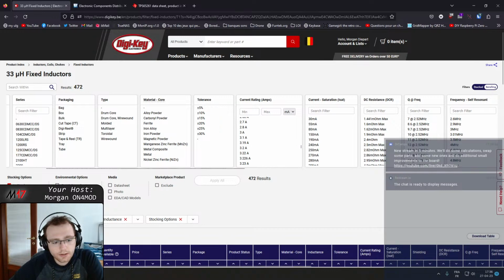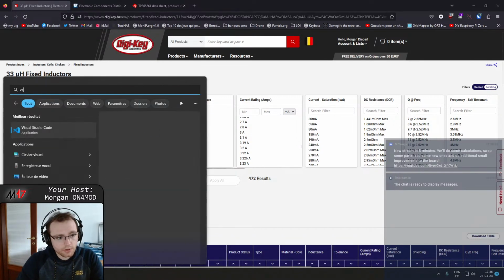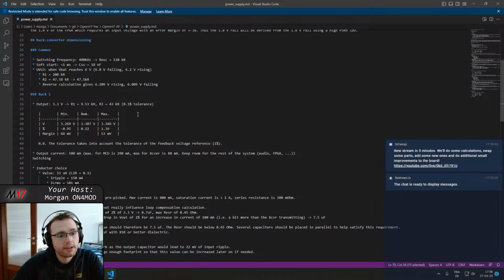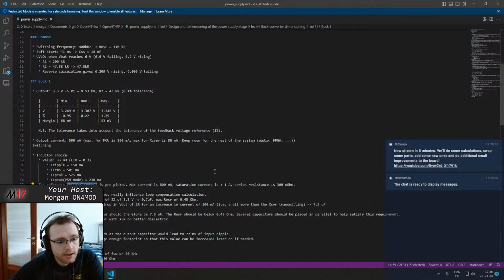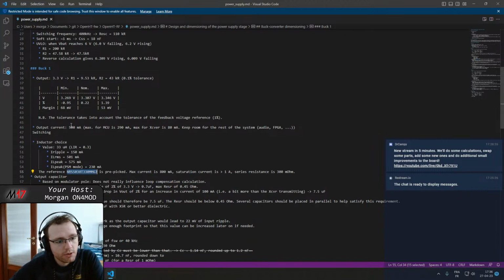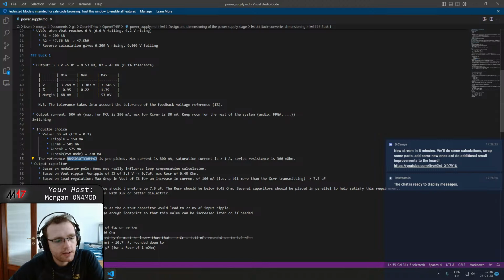Current rating, I'm going to have a look. I think it was, yeah, in this document. That's a document I wrote when I first designed the power supply, and I had that for the 3.3 volt rail, which is the first buck, inductor choice, the value is here, and this is the ripple current and so on, but what we are interested in is the peak current, which is 575 milliamps.